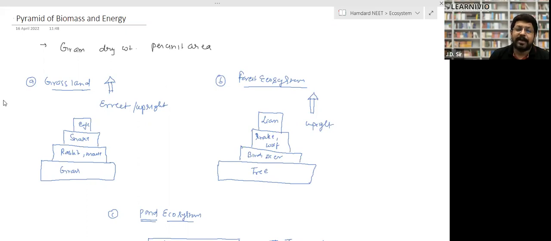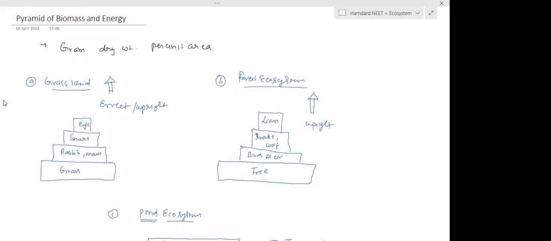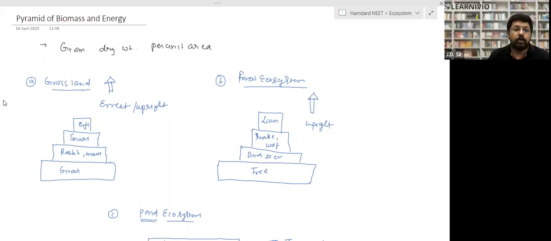It doesn't mean the biomass is 100 kilogram. We have to dehydrate the grass, because 90% is water. Whatever the dry content will be, we consider only that mass. So when I say biomass, it means gram dry weight mass per unit area. Exactly. So please note it down.